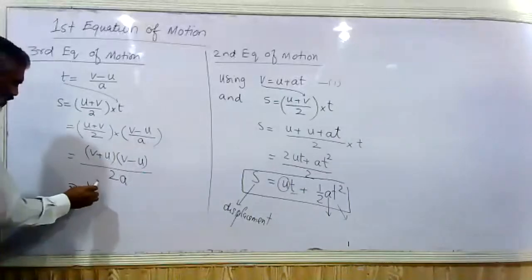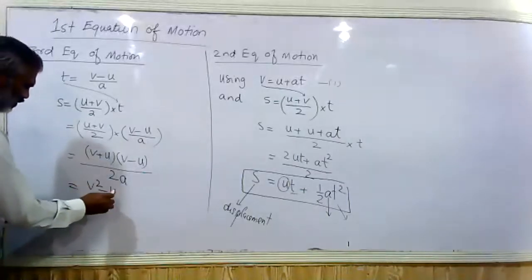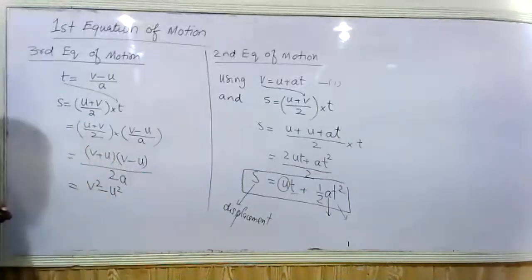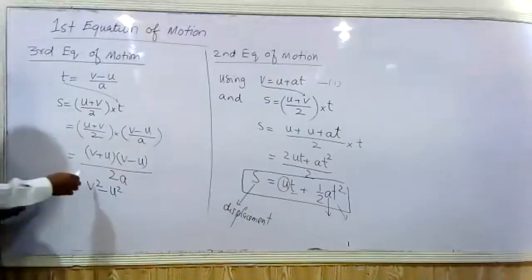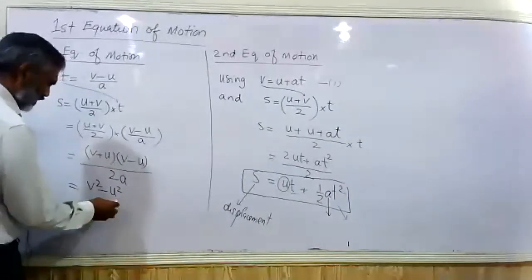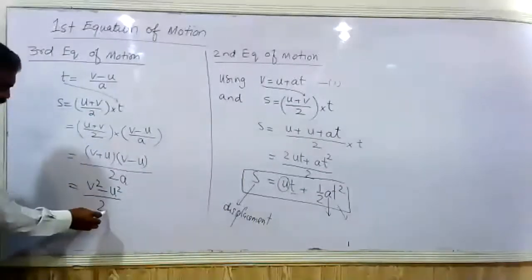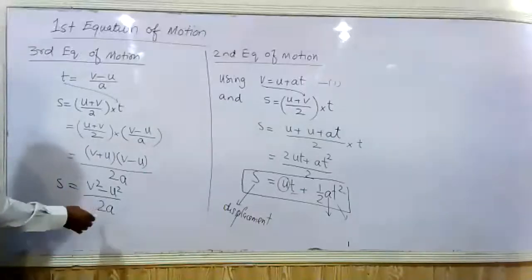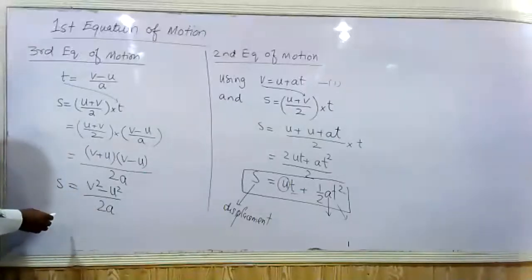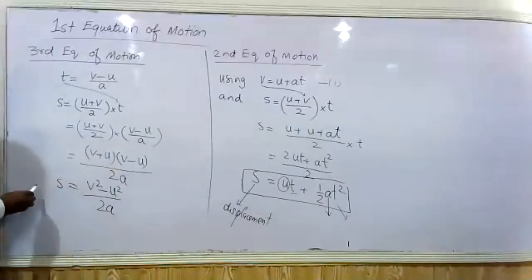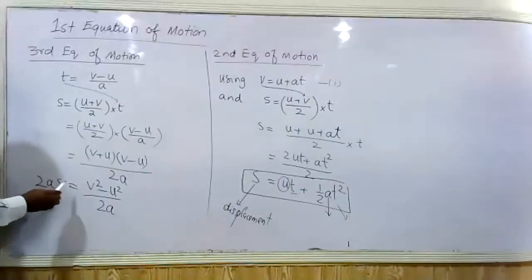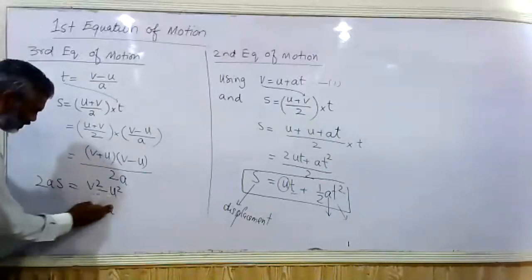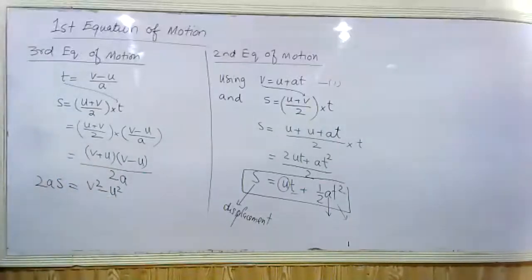This is actually the difference of two squares, v square minus u square, a well-known identity in algebra, divided by 2a, and this is s. So when I bring this 2a to this side, the equation becomes 2as is equal to v square minus u square.